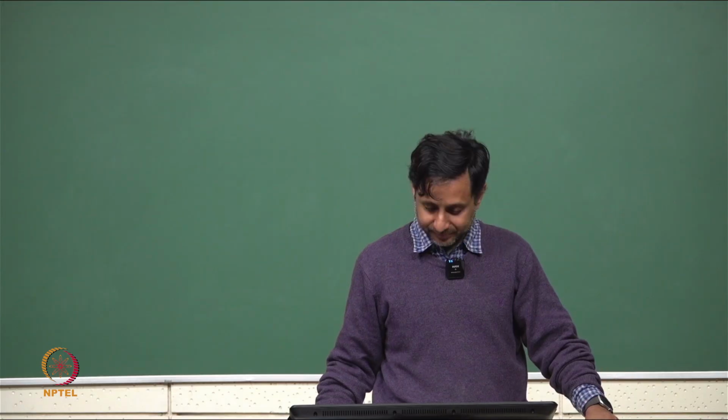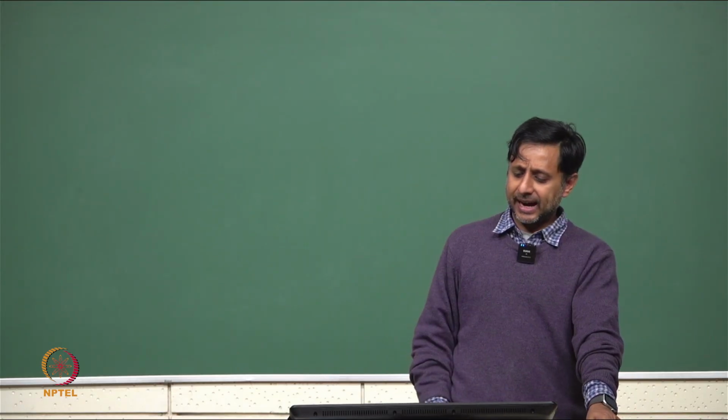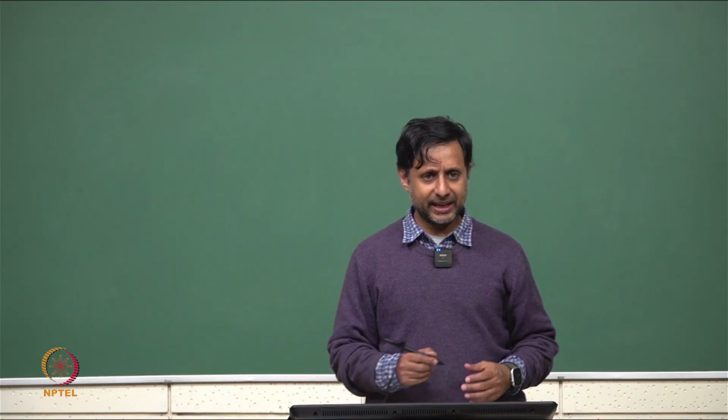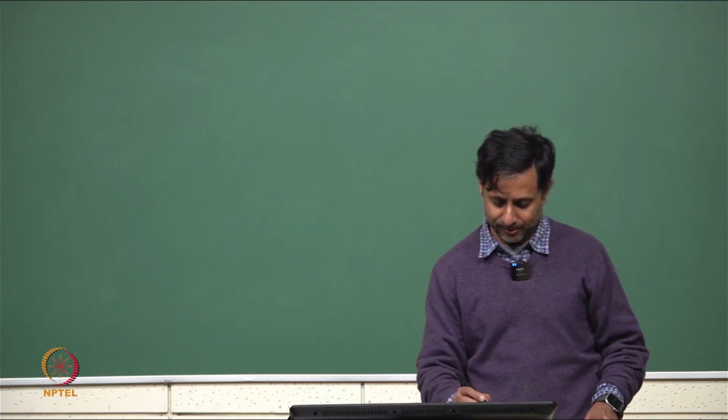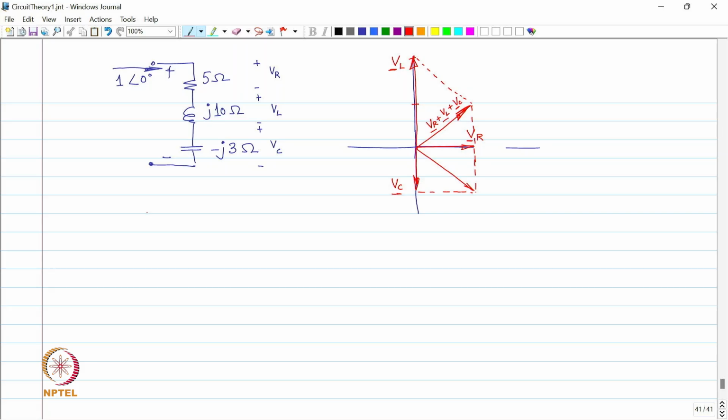Fine. Okay. Now, suppose we had a different kind of problem. Suppose I gave you that this same circuit is there, but I have applied 1 angle 0 degrees as the voltage.